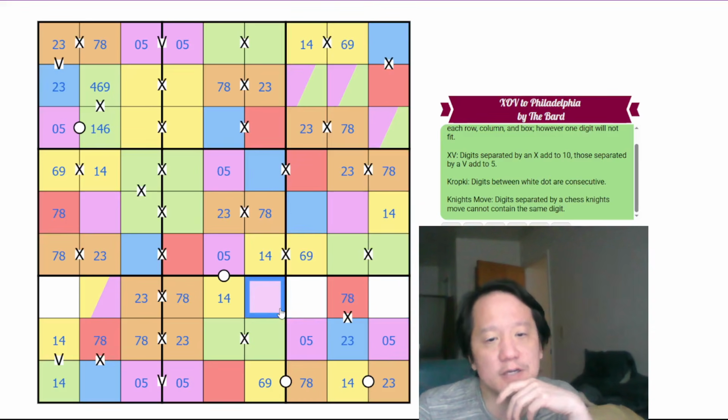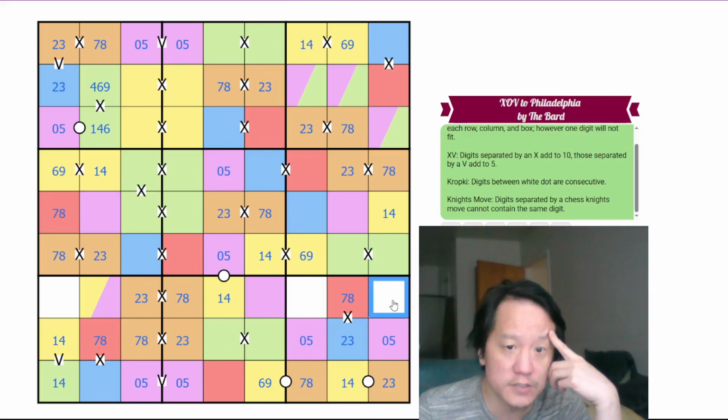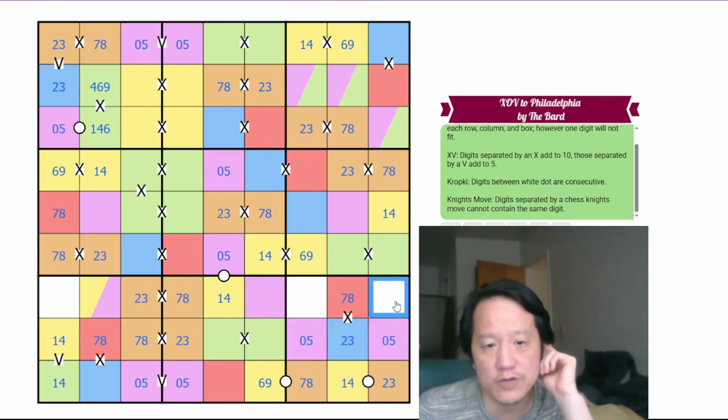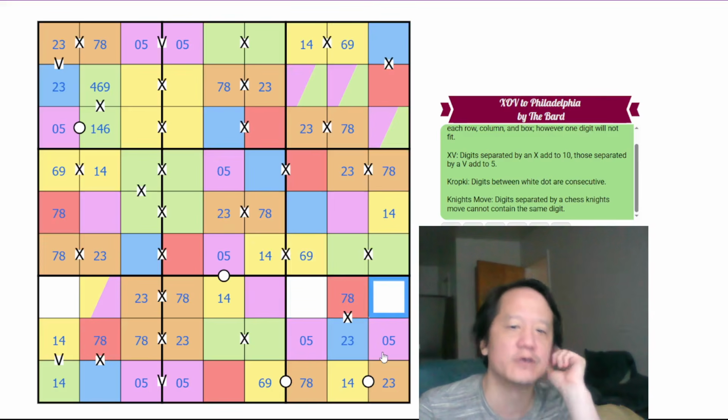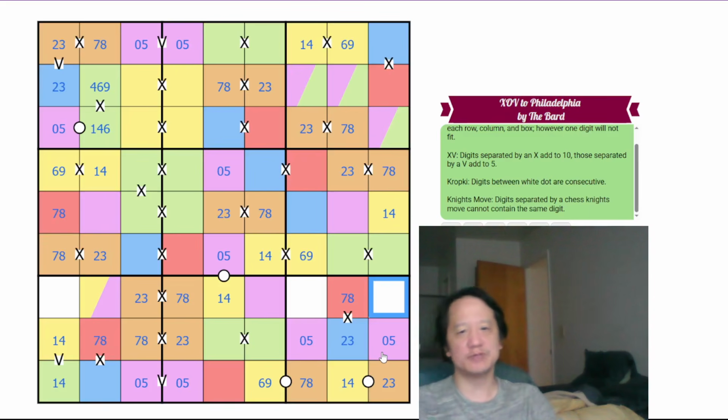No. If this were green, whatever green is here sees that cell by normal Sudoku and sees that cell by anti-knight. So this cannot be green here. Therefore, one of these is yellow, and it can't be here because that sees both the low yellow and the high yellow. So, wait, neither of these can be high yellow either. What the heck? Did I mess up something? I must have.